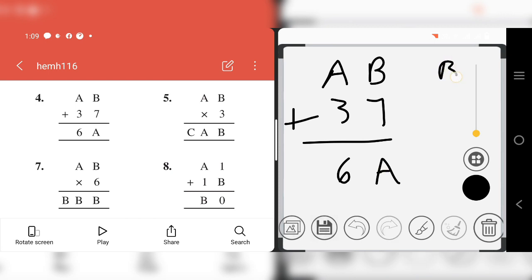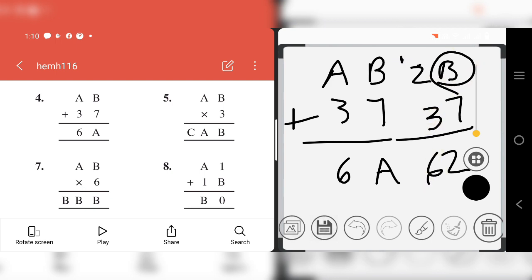So b plus 7 is equal to 12. It should come 12. And 2 and 3 is 6. So what could be the value of b? If we add b plus 7 and get 12, then after 7 is 8, 9, 10, 11, 12. So b value is 5.